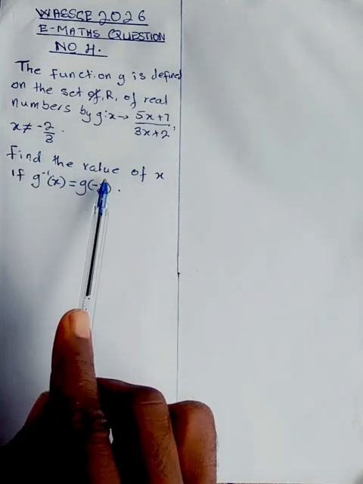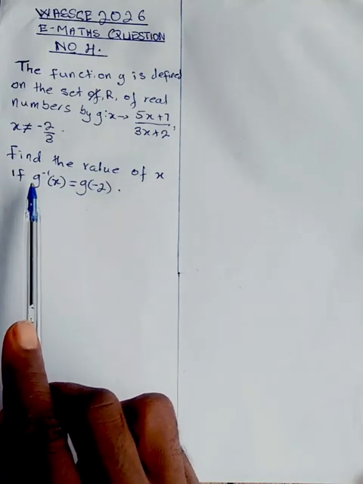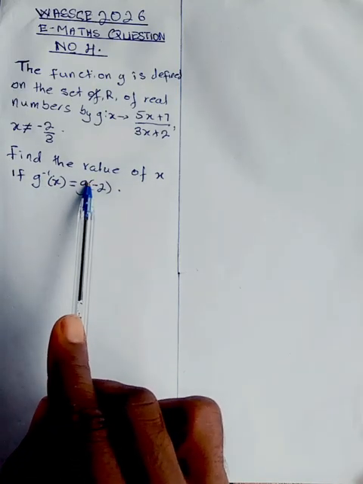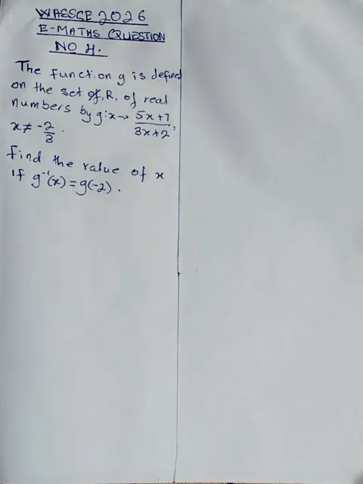We have to find the value of s if the inverse of g of s is equal to g of negative 2. We are going to solve this step by step so that all of us will understand how to go about a question in this form.